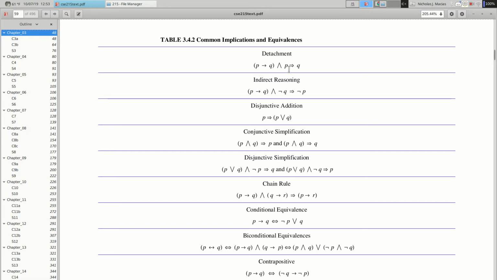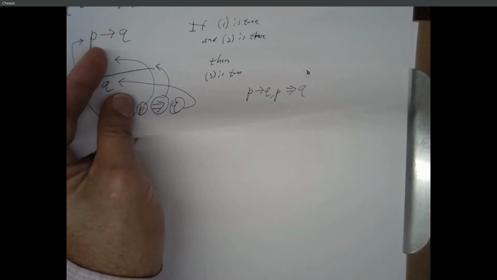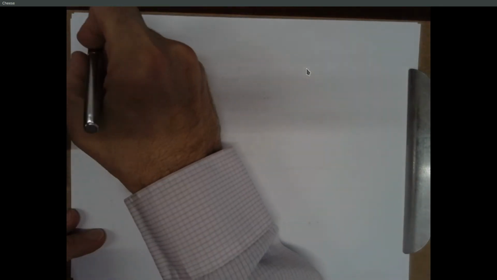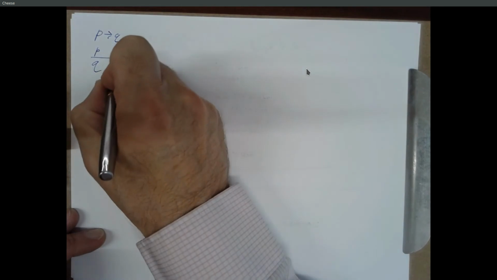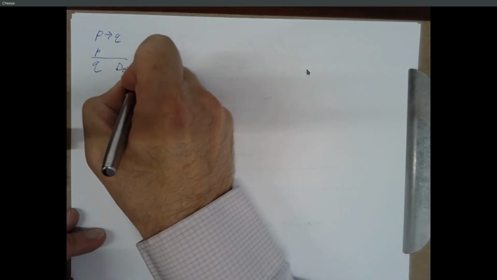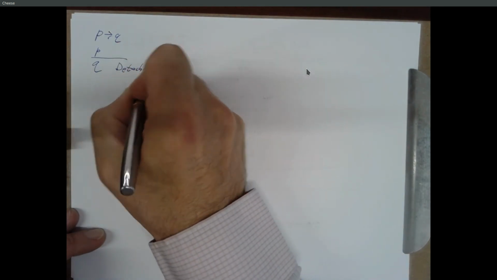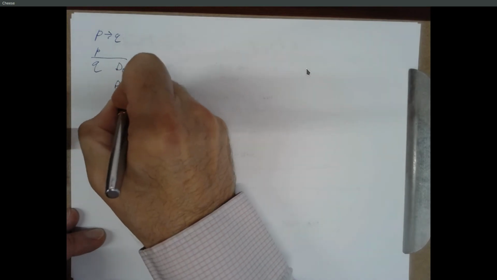If P then Q, and if P is true, then Q is true. We sometimes call this direct reasoning also. So this is detachment, or direct reasoning.